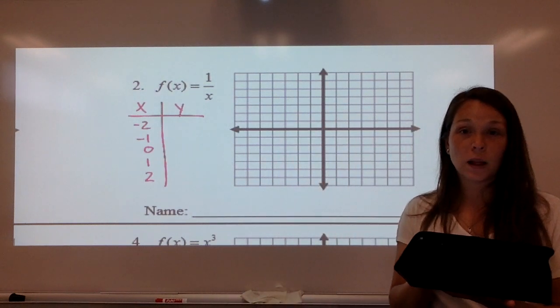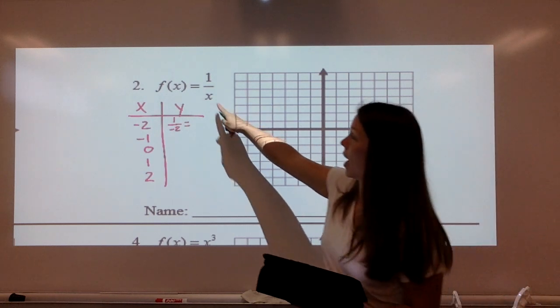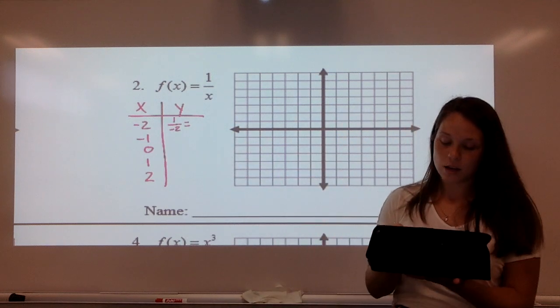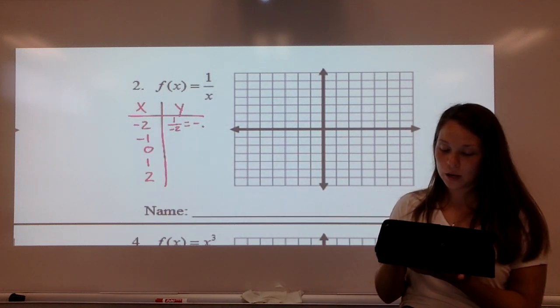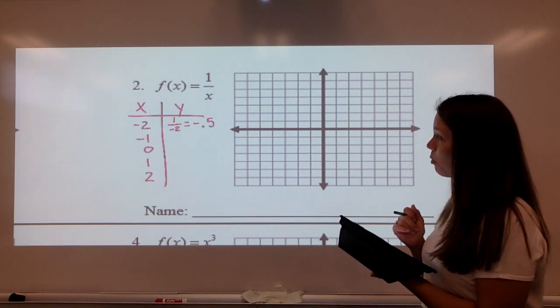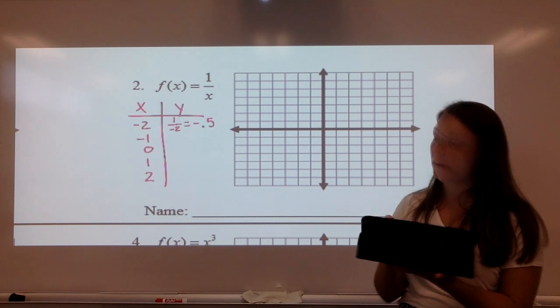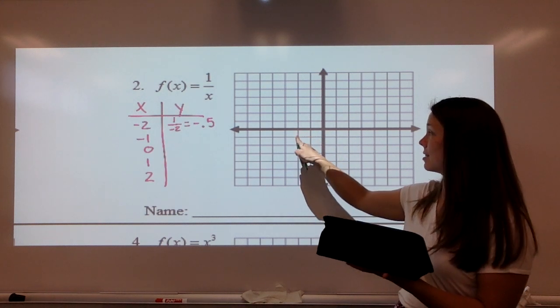So starting off with plugging in -2. That means I'm going to have 1 over -2 when I plug -2 in for x of my function. Well, that simplifies down to -1/2 or -0.5 if you think about it in decimal form. So plotting that point, (-2, -1/2), I'm going to go back on the x-axis and down 1/2.